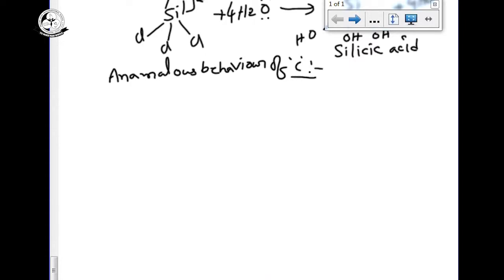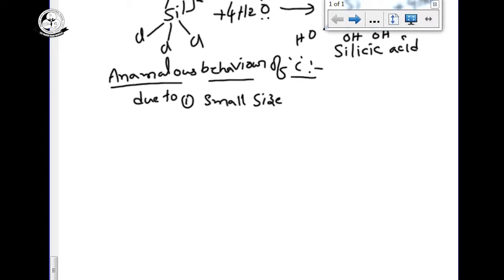Why can carbon show anomalous behavior? Not only carbon: in any group, the first element can show anomalous behavior compared with the rest of the elements. The first reason is small size. In any group, the first element has the smallest size compared with the rest.